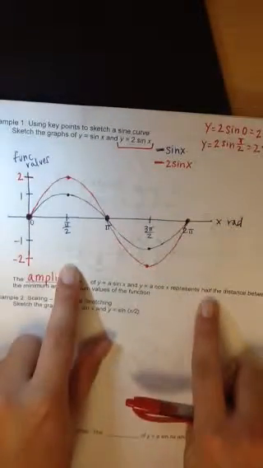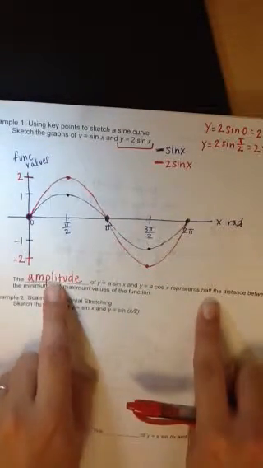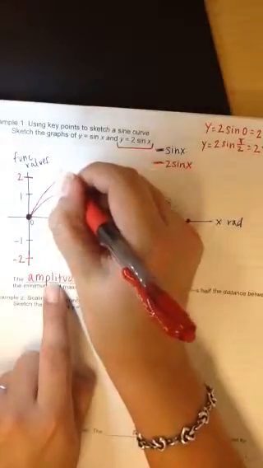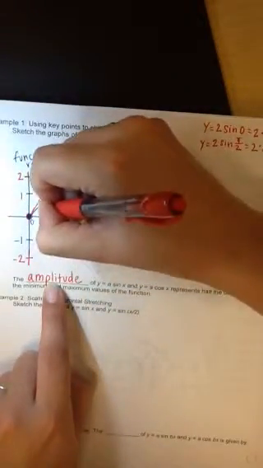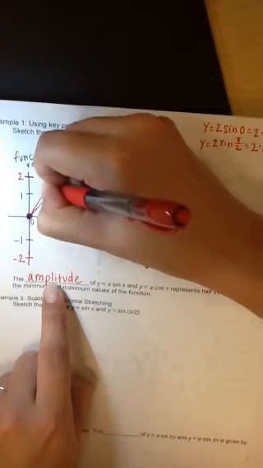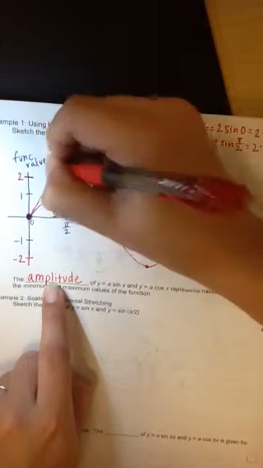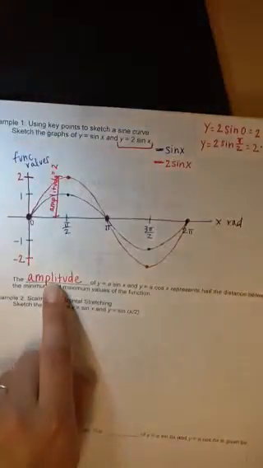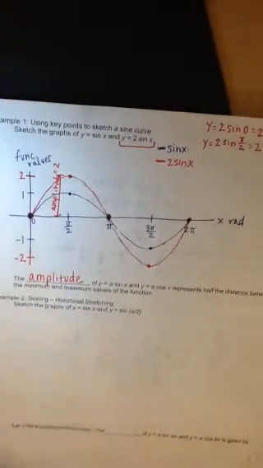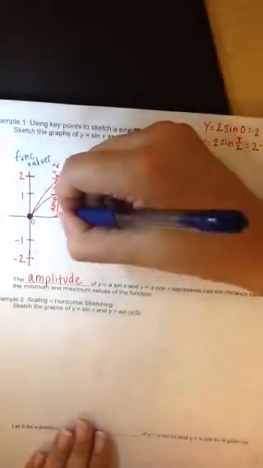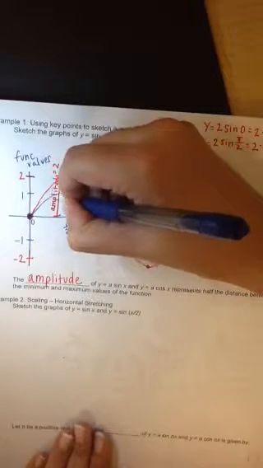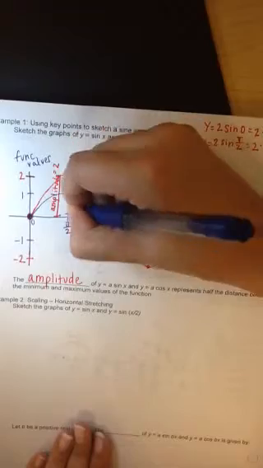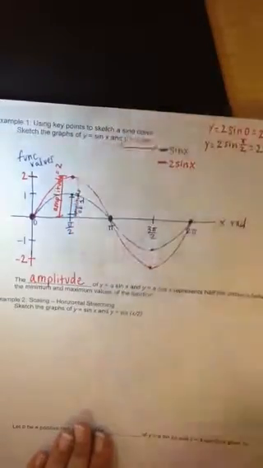So half the distance is what we would call the amplitude. So for this function, my amplitude in this context would be 2. For the parent function, regular sine x, the amplitude is 1.